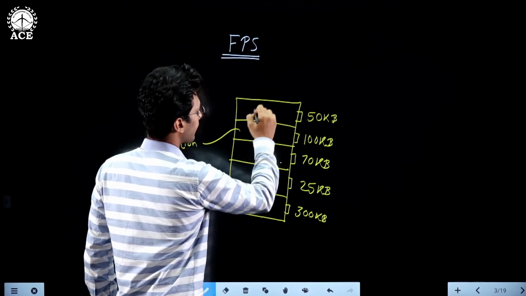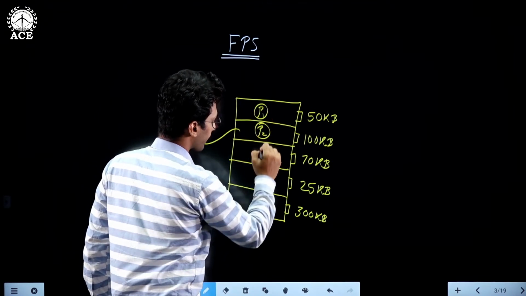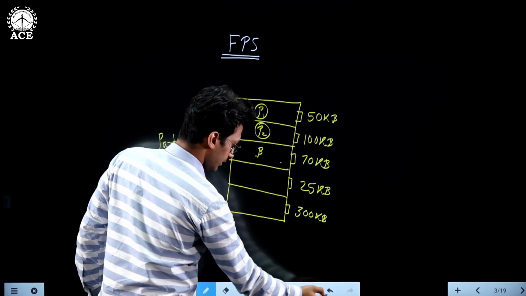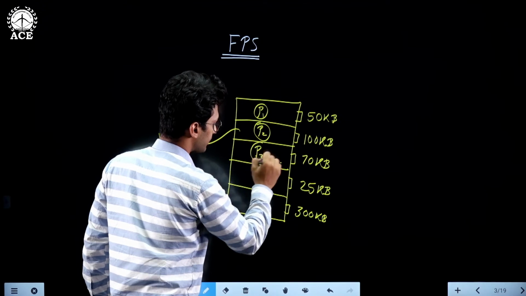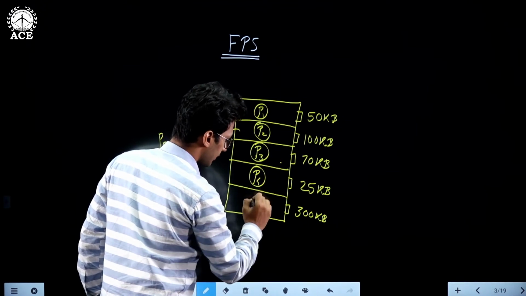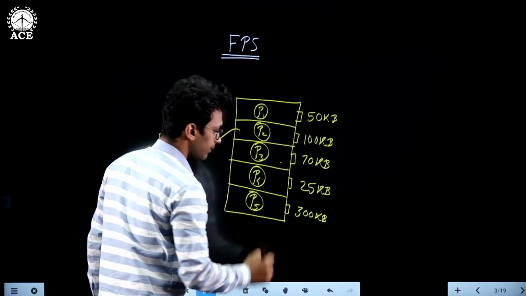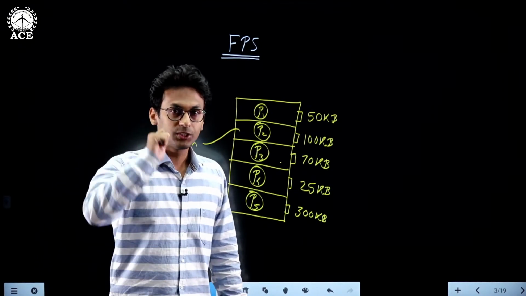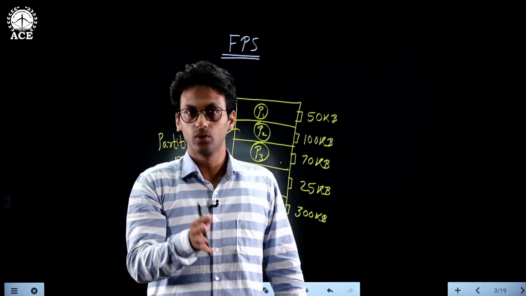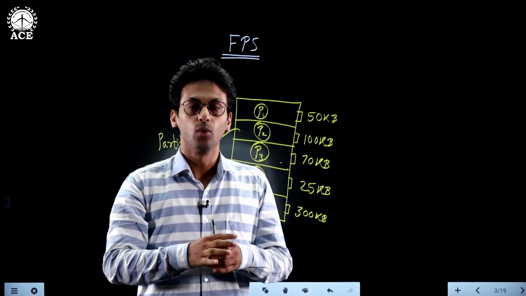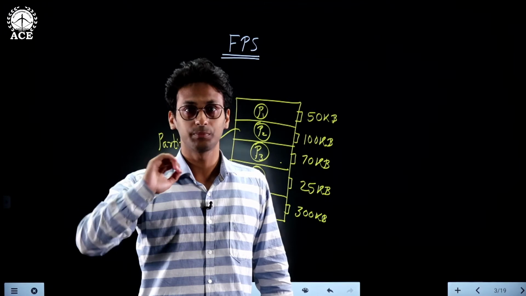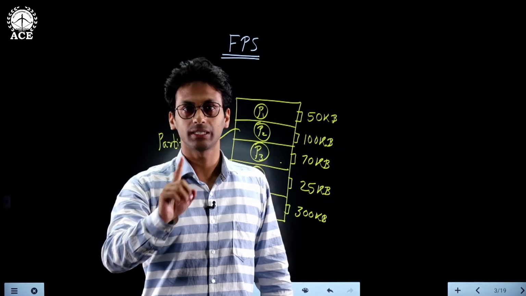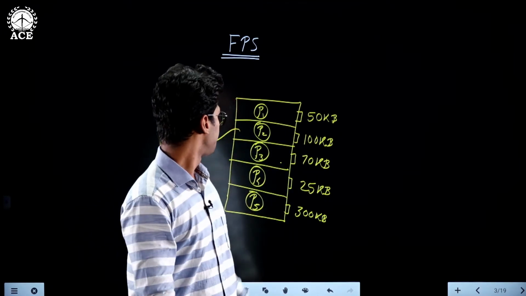Let's say P1 is here, P2 is here, P3 is here, P4 is here, P5 is there. In each particular partition or hole or slot, only one process can reside. That is what I have mentioned in the previous video. Only one process can reside in each partition.